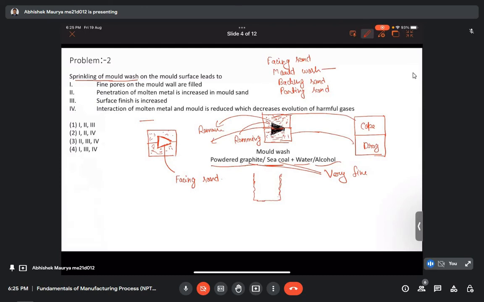Then with the help of a brush, we put the mold wash on the mold. And after applying the mold wash, the inner surface of the mold becomes very smooth.